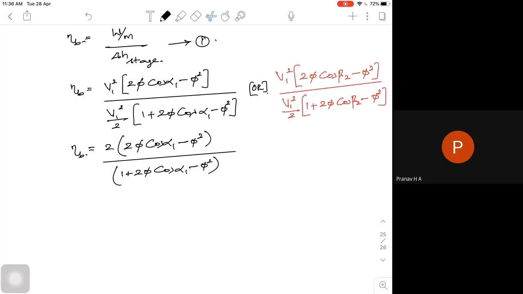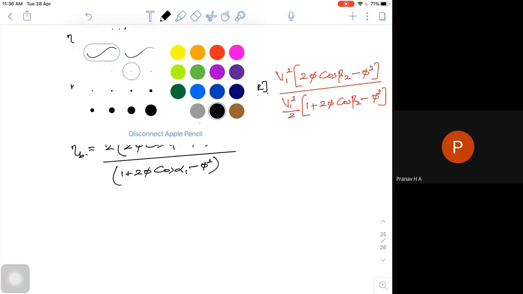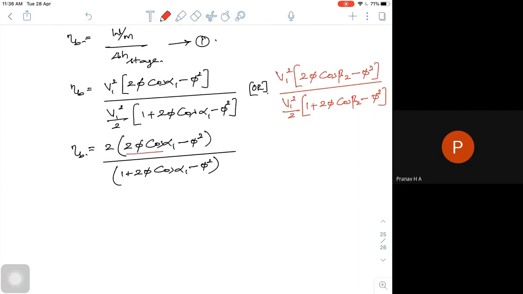What I'm going to do to modify this expression is add 1 and subtract 1 inside the numerator and multiply by 2. Just to modify this expression, that's it.